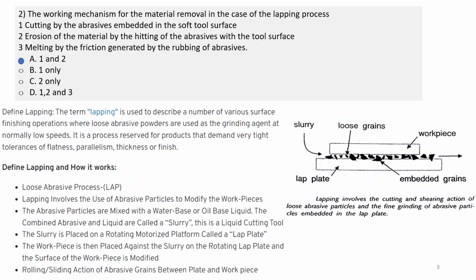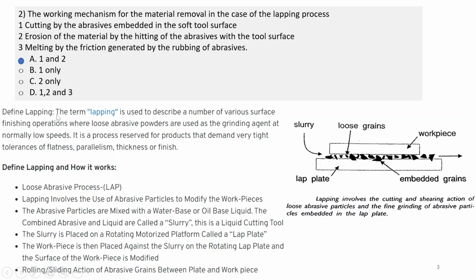Okay, so this is what the lapping process looks like. There will be slurry made of abrasive particles, and it can be mixed with water or oil based liquids to make it in slurry form, and then this abrasive is used for getting finishing of the surface.